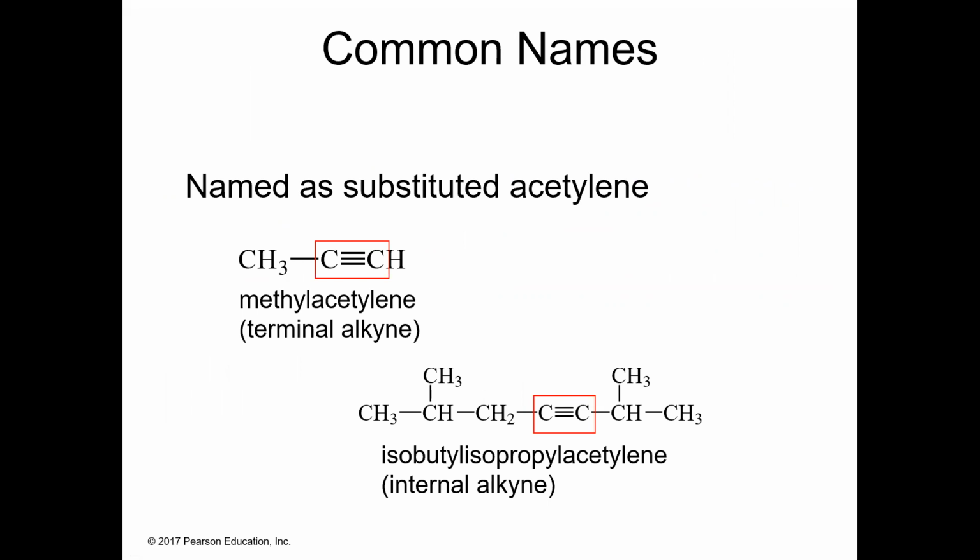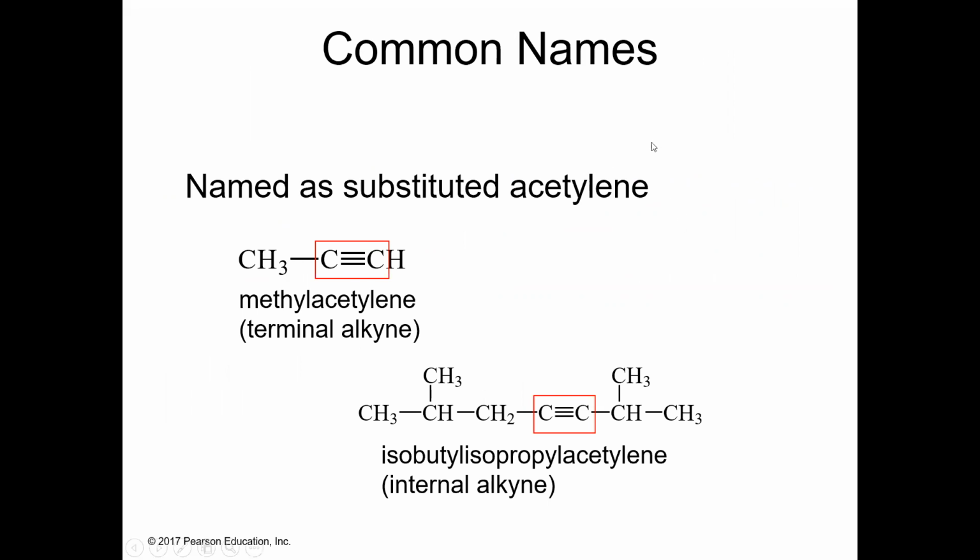This is more a commercial issue rather than a chemistry laboratory issue, but there are some alkynes, I won't say many, that are still widely known by their common names.